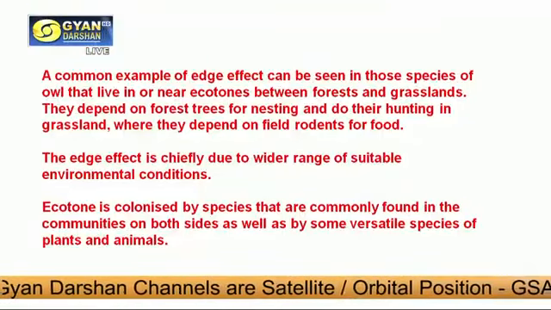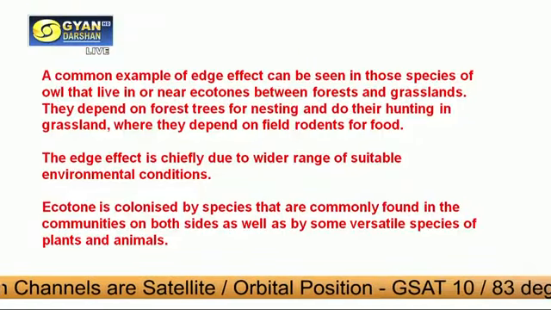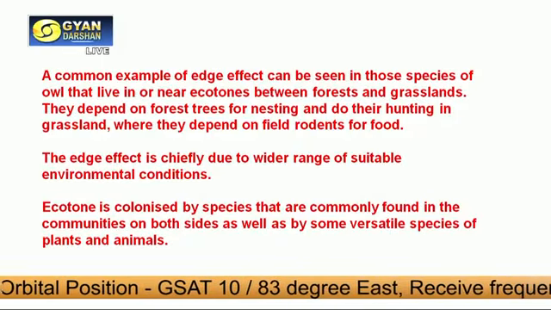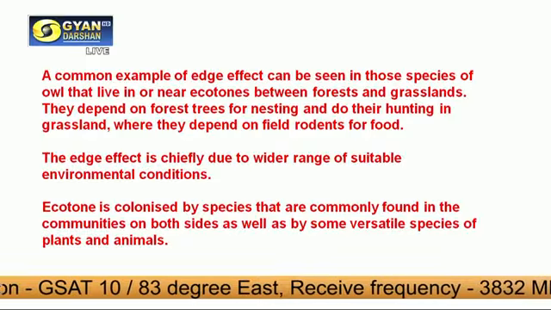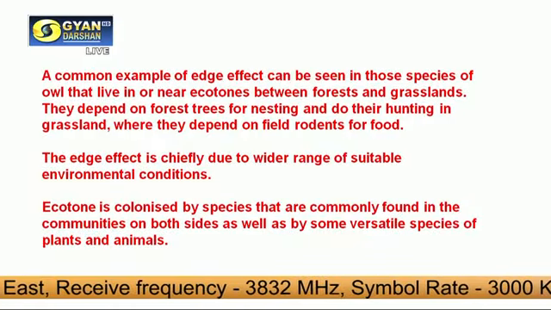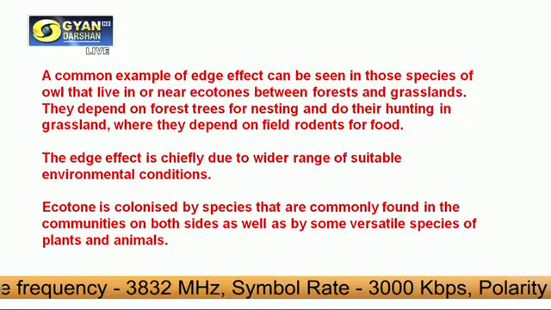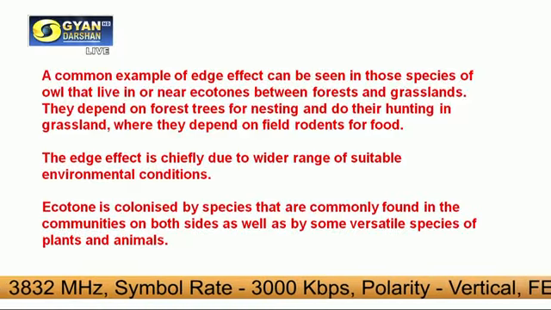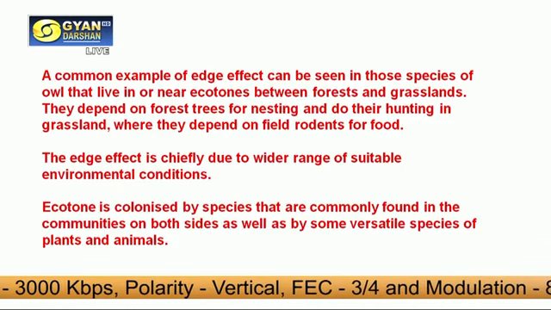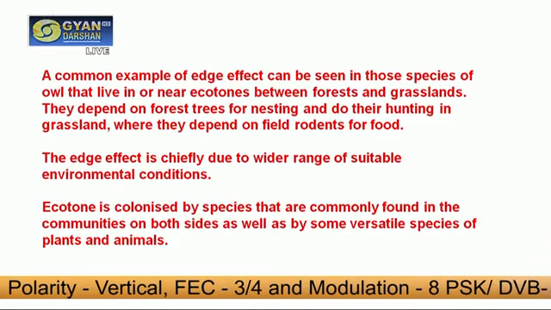A common example of edge effect can be seen in those species of owl that live in or near ecotones between forest and grasslands. They depend on forest trees for nesting and do their hunting in grassland, where they depend on field rodents for food. The edge effect is chiefly due to a wider range of suitable environmental conditions.